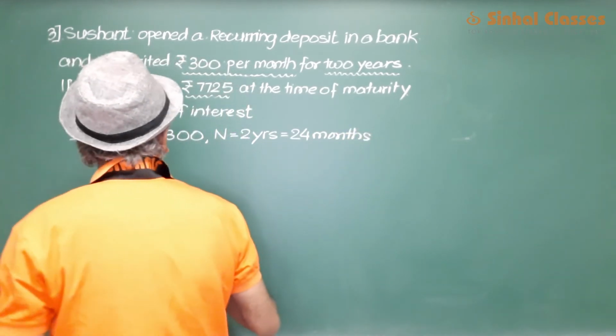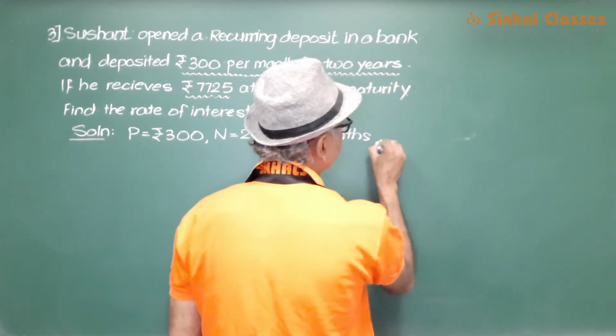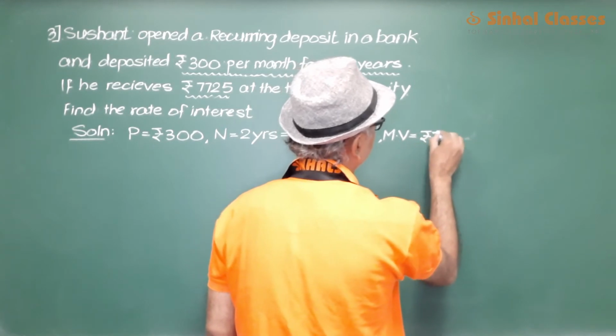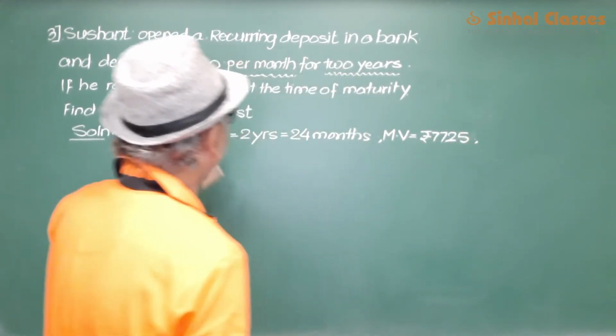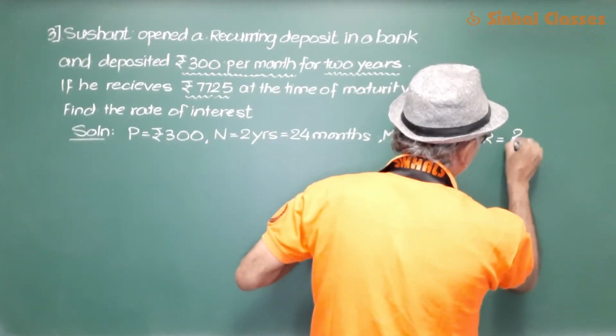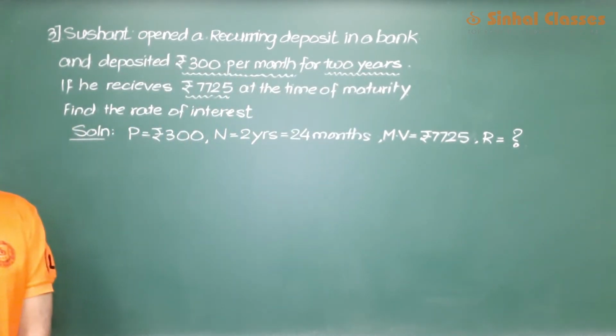And then he receives rupees 7725 at the time of maturity. So MV is known to us, and we want to find out the rate of interest.